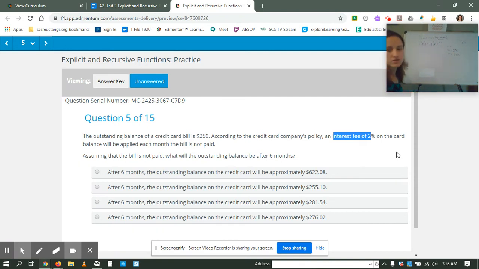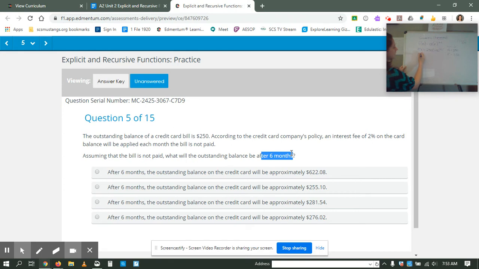And so then we just need our n value. If we're looking for our n value, it is the balance after 6 months, the amount of time that passed. So I've got 6 to go there. If I plug in all those values, f of 6 is going to be equal to 250 times 1.02 to the 6 minus 1. And then I can simplify that a little bit.